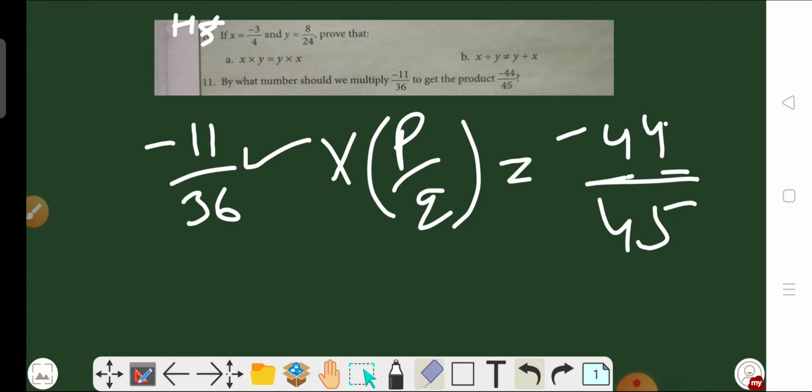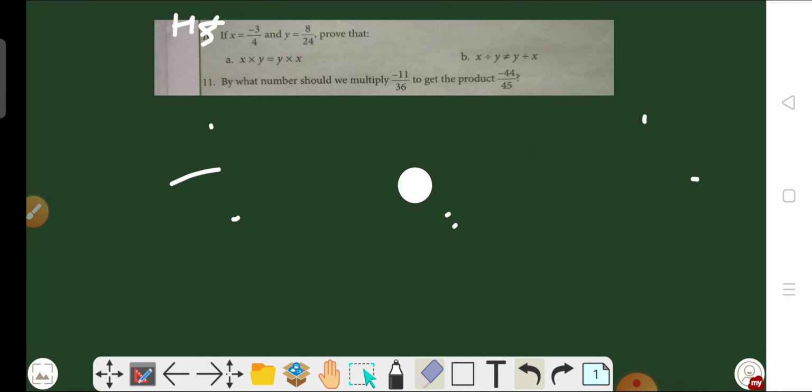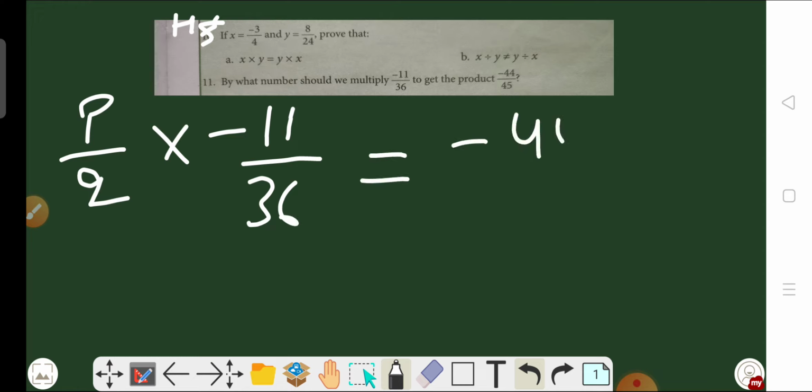Okay, we will assume that the number which we have to find is p by q. According to the question, when this p by q is multiplied by minus 11 by 36, this will become equal to minus 44 by 45. As you know, beta, this is multiplication.